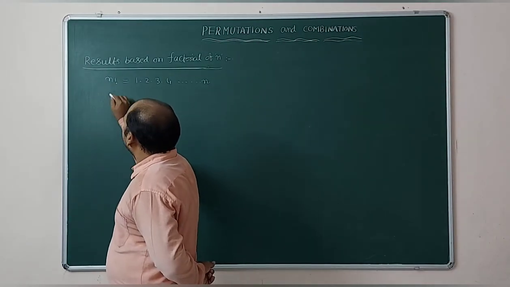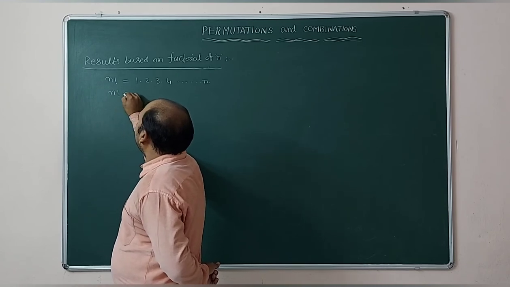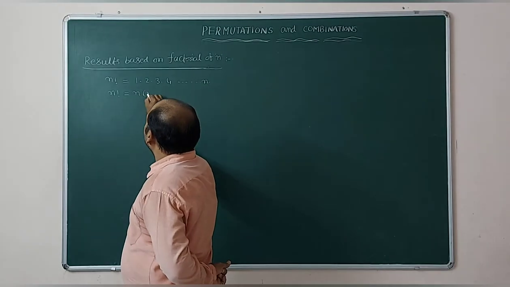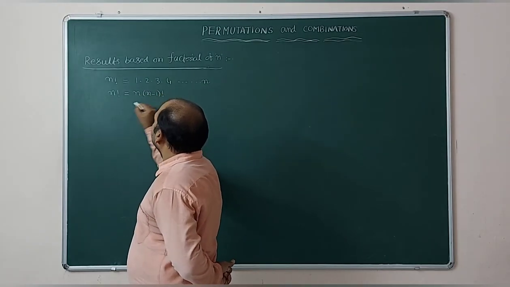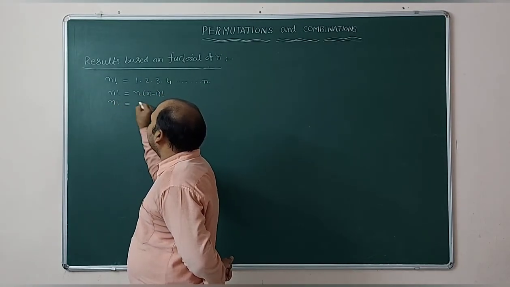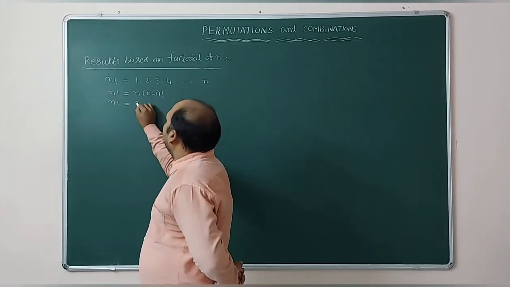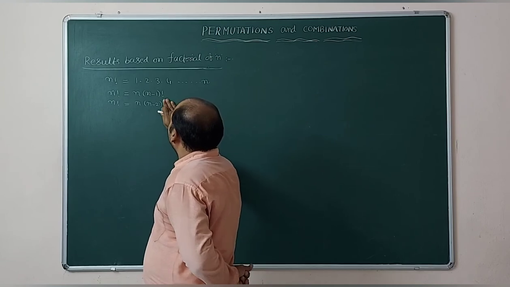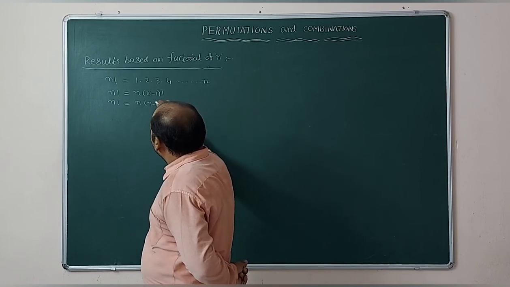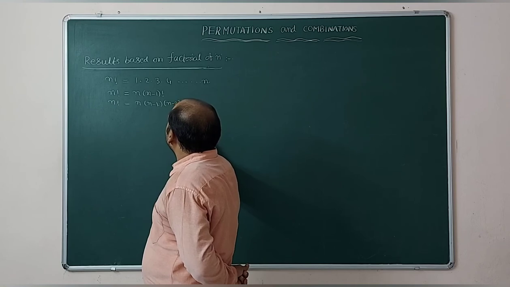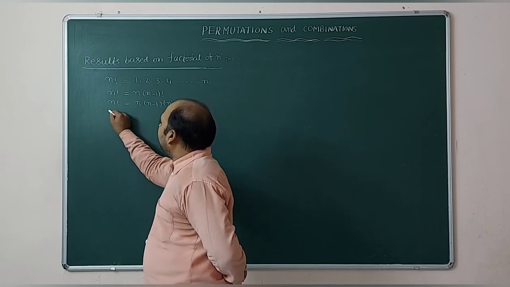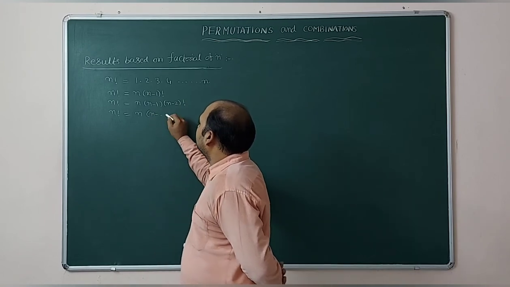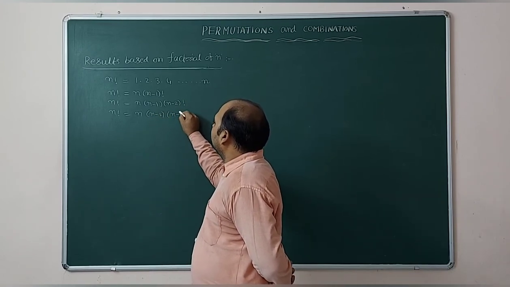After that, n factorial in terms of n minus 1: n into n minus 1 factorial. n factorial in terms of n minus 2: n into n minus 1 into n minus 2 factorial. Similarly, n factorial in terms of n minus 3.